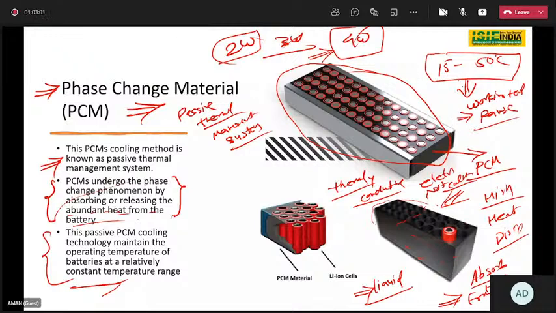Let's say earlier the temperature is 30 degrees Celsius. As per the 30 degrees Celsius, the material keeps on melting, and it is maintaining the temperature of this particular cell. For a better understanding, suppose you have a jar filled with water.